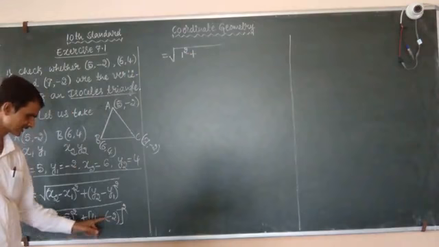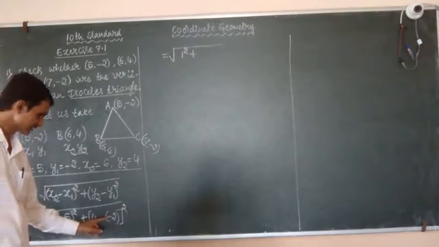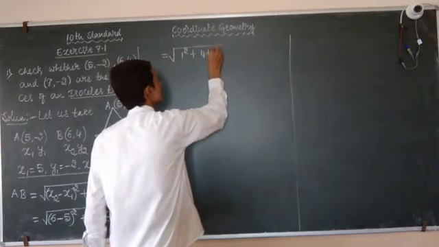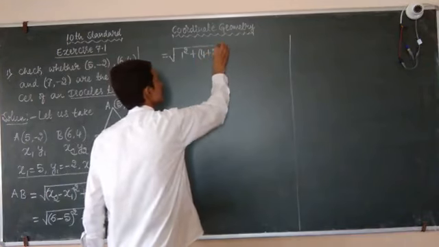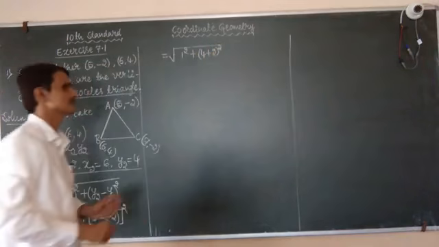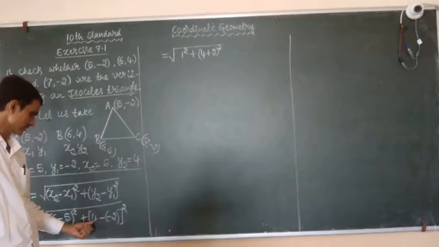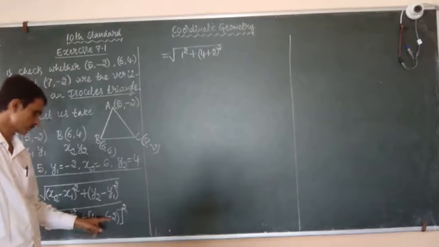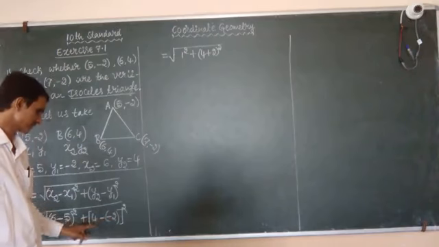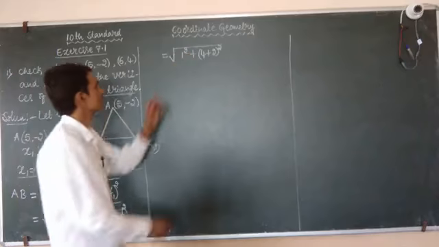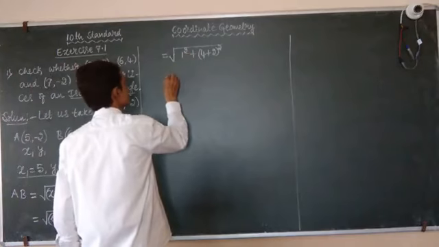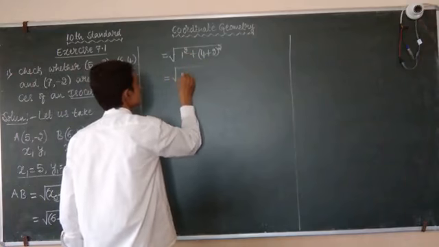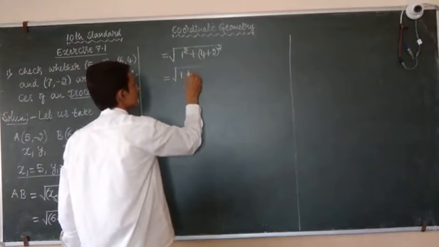So multiply both the minus into minus, plus 4 plus 2 whole square. Observe here students, this minus should be multiplied to the minus 2. So minus into minus is plus. So 4 plus 2 whole square equals root of, 1 square is 1 plus.